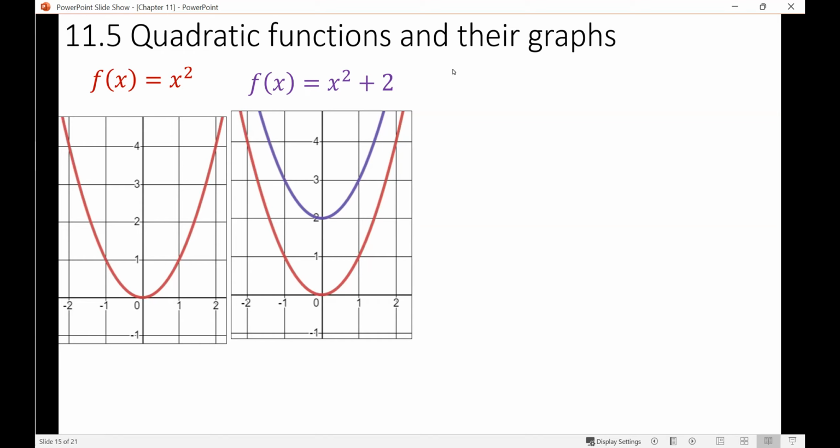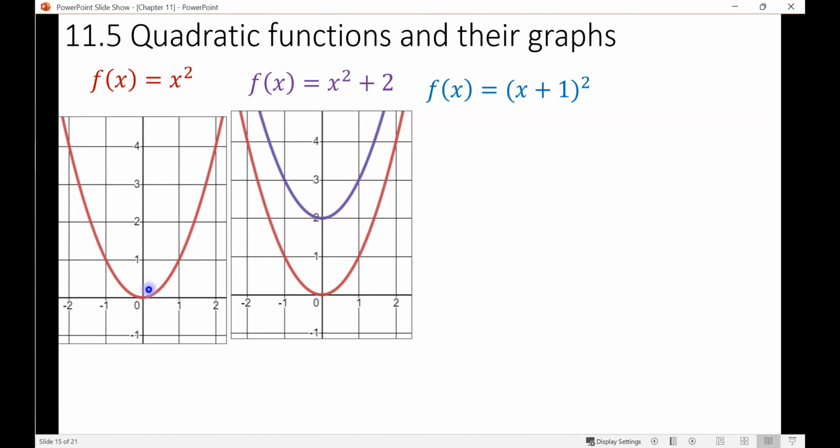But how do we shift horizontally? To shift horizontally, we add or subtract directly to our variable before anything else happens to it. Here it's slightly counterintuitive. When we shifted vertically by adding 2, we shifted up 2. Here it's different. Imagine our parabola turns a corner.